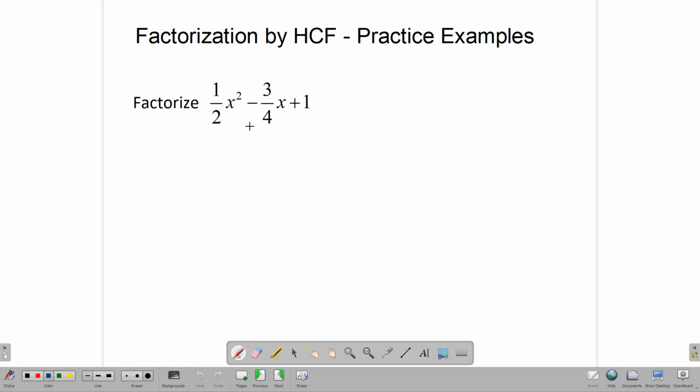Now notice that a quarter is lower than a half. Earlier we were talking about whole number factors, but we can apply it to fraction factors as well. So our HCF here in terms of numbers is a quarter, and we can go ahead and factor out a quarter from all of this. So we write down a quarter, and we're going to divide each of these by a quarter. Remember, a half divided by a quarter is the same as saying half times 4 over 1, which gives us 2.